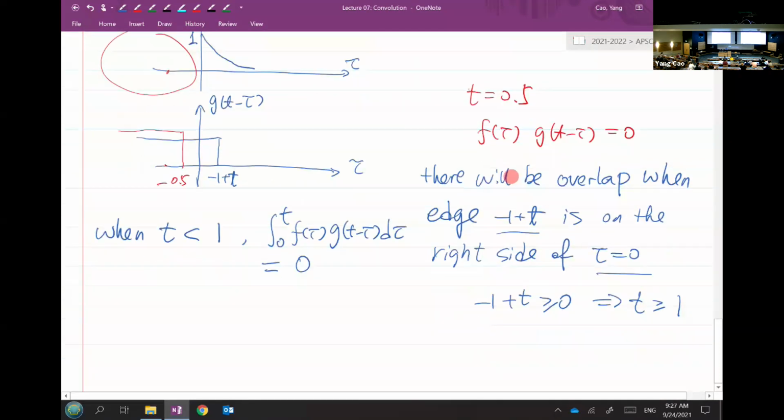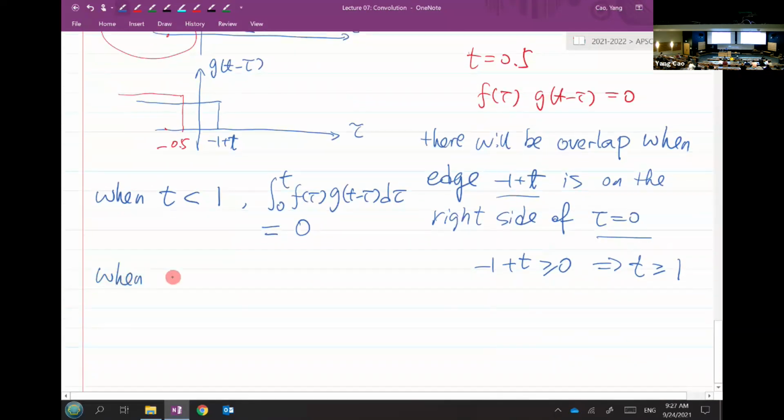And when t is greater than 1, the convolution will not be 0 anymore. We'll be interested in the multiplication results of f of tau times g of t minus tau.